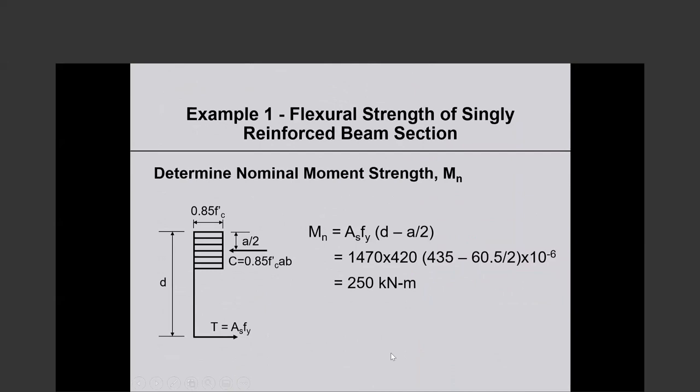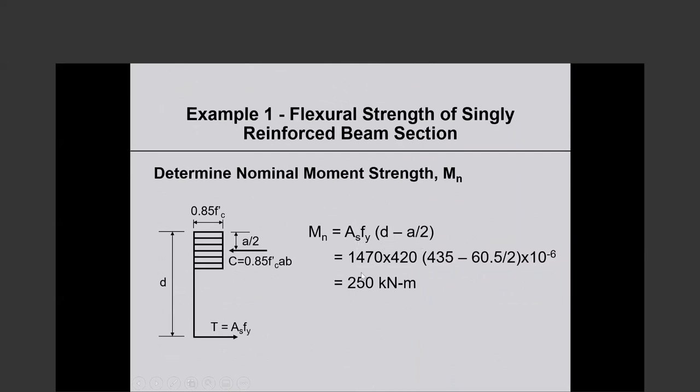So now we have everything we need for the calculation of nominal moment strength. It is the tension force or the compression force, both are equal, multiplied by the distance between the two, the lever arm, which is the effective depth minus 1/2 of the stress block depth.